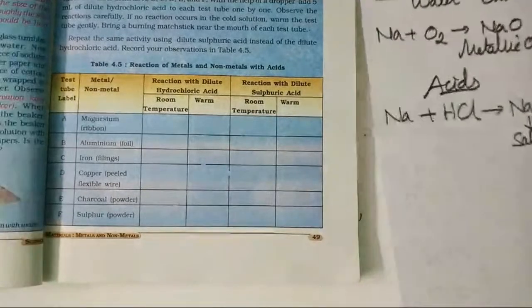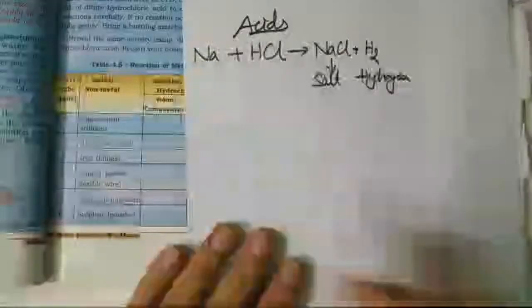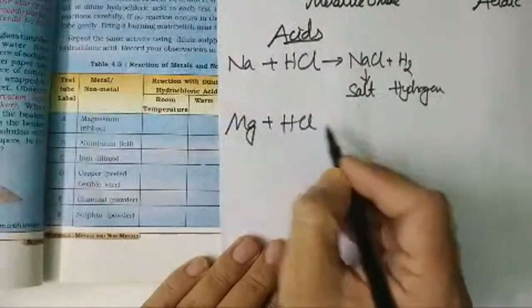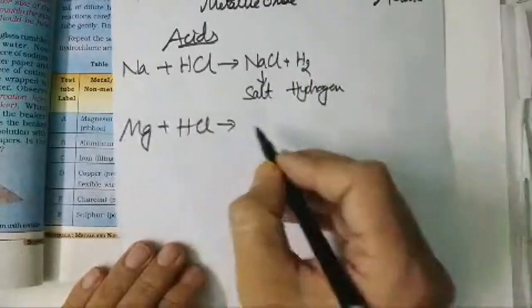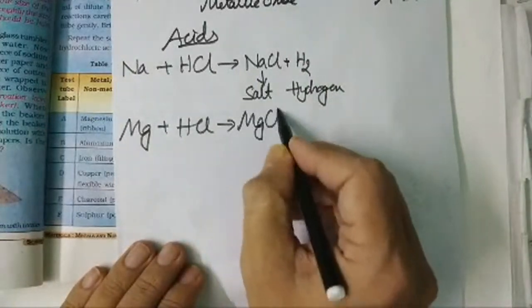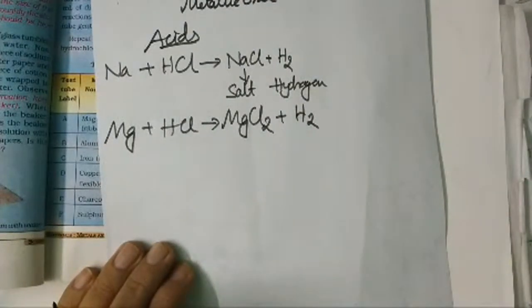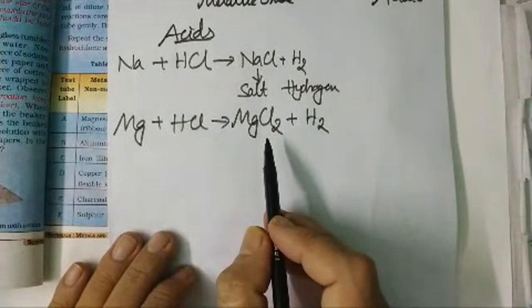So if we see the reaction of magnesium with dilute hydrochloric acid, Mg plus HCl, how does it react with hydrochloric acid? It is seen it forms magnesium chloride plus hydrogen. This is an unbalanced chemical equation.